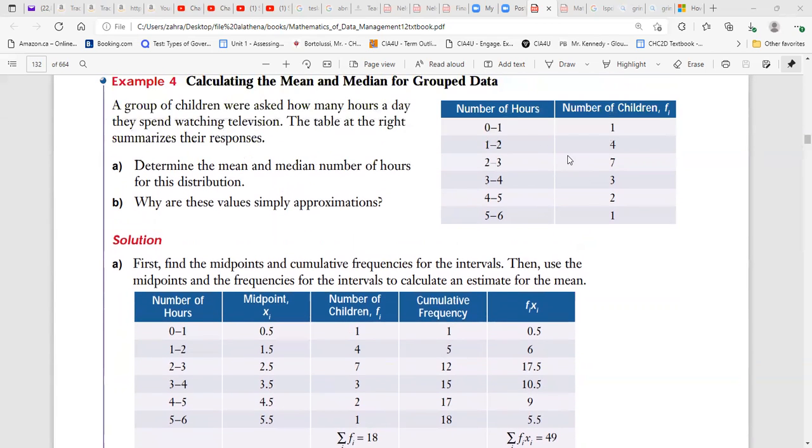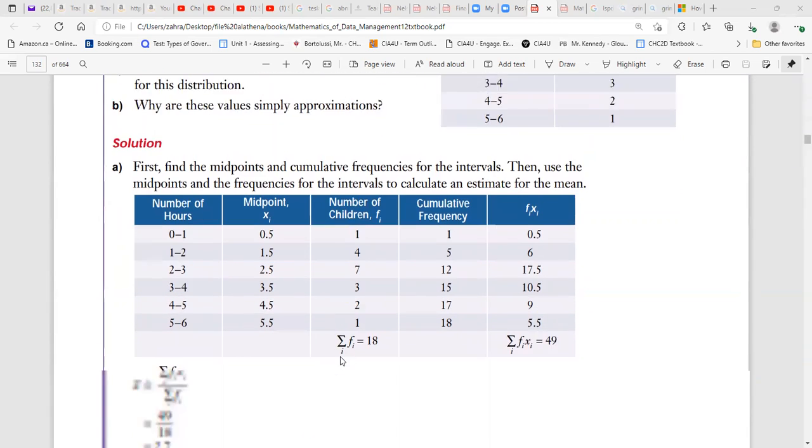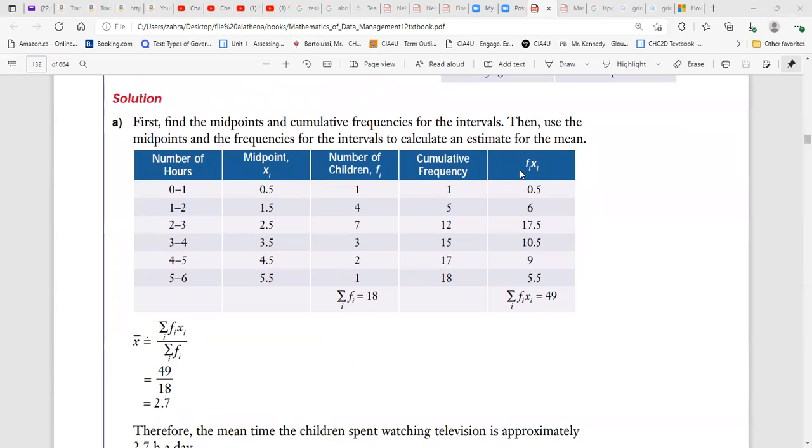Then you multiply the frequency by the midpoint. So 0.5 multiplied by 1 is 0.5. 1.5 multiplied by 4 is 6. 2.5 multiplied by 7 is 17.5. 3.5 multiplied by 3 is 10.5, and so on.